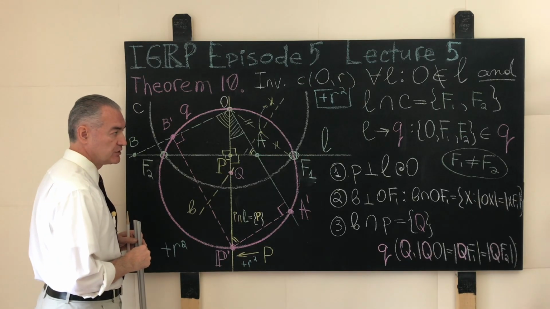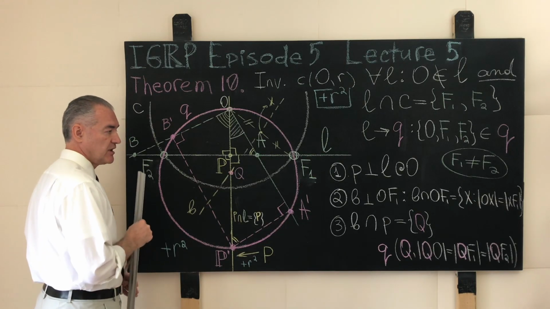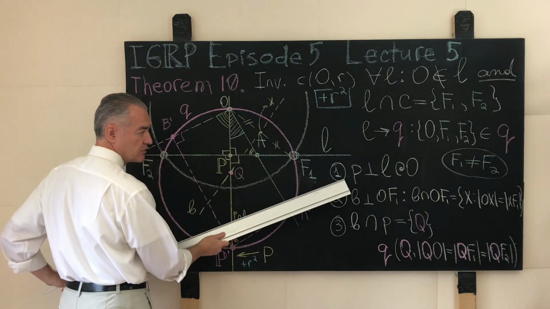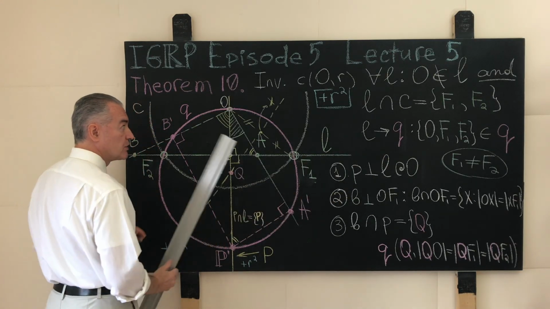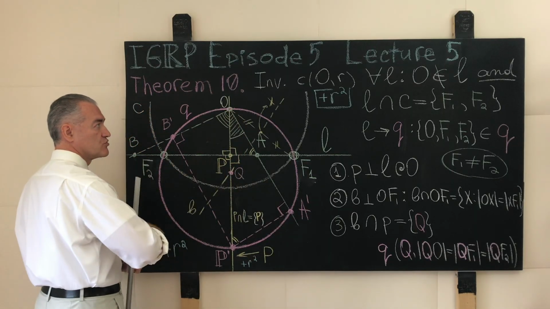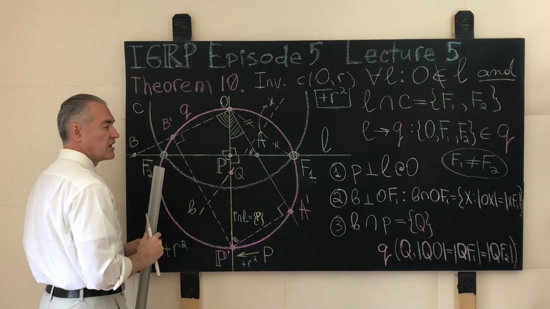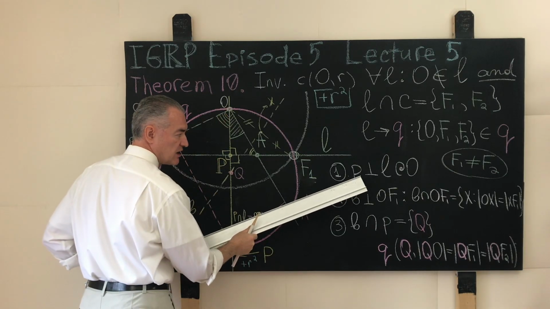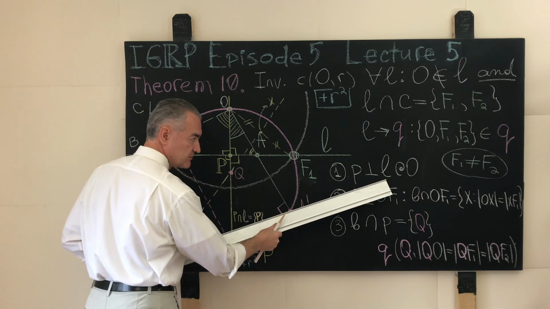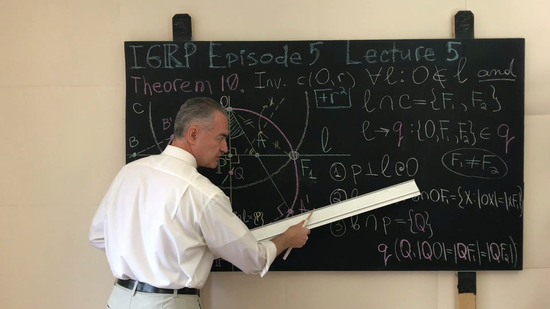then the algorithm for the Euclid tools only, a straight edge and compass construction of the image of the circle Q, is the following. Step number one: if we're given the circle of inversion, that means that we're given the center of inversion. We know where that point is. Consequently, step number one, construct a straight line, lowercase p, perpendicular to the given straight line L through the center of inversion.